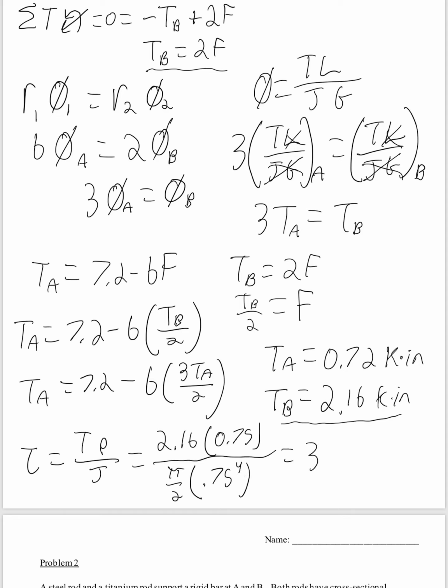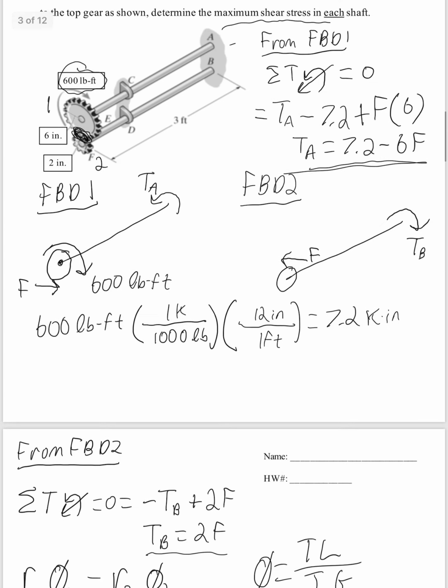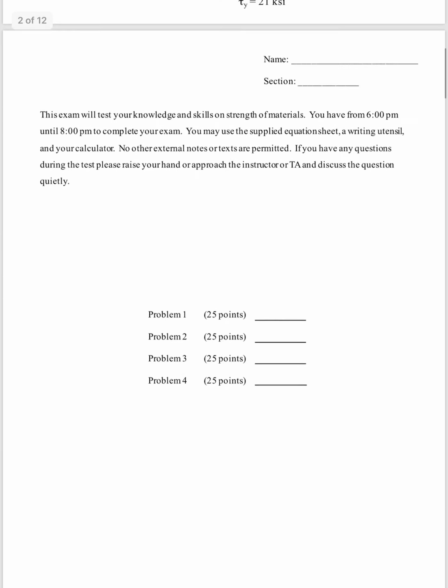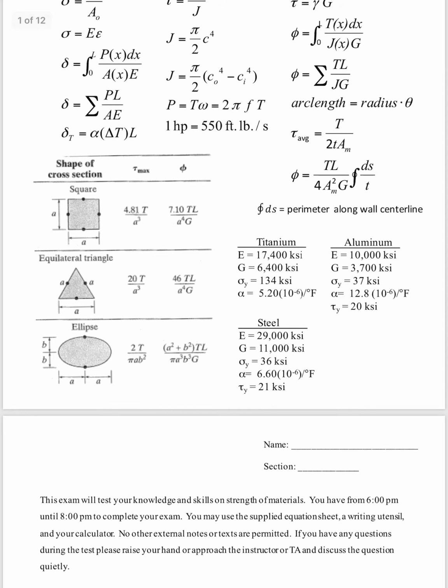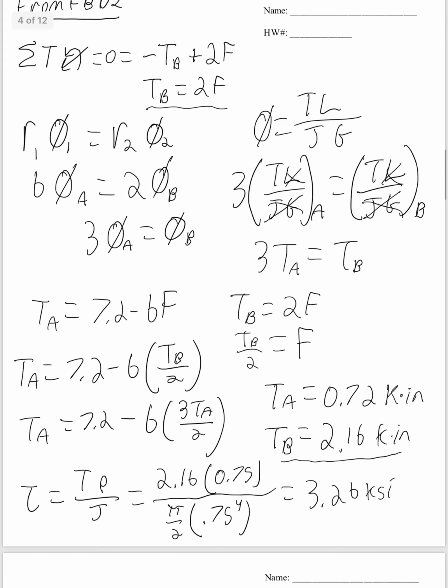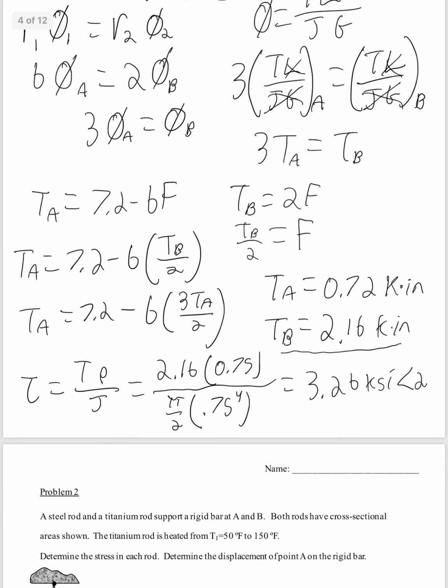And that gives us 3.26 KSI. Now it says our material is steel. Steel shear yield is at 21 KSI. We are less than 21. Does not yield. We are good. And that is our answer.